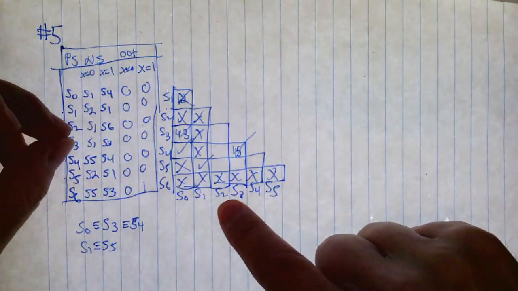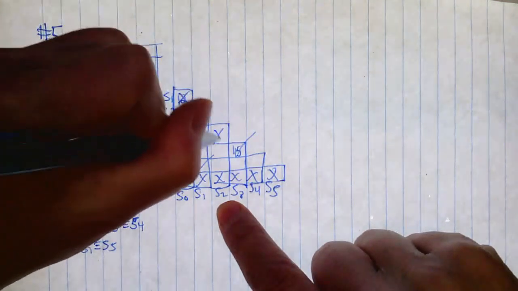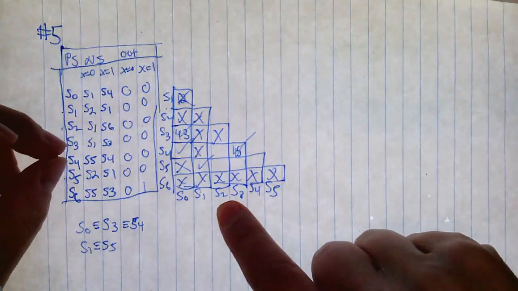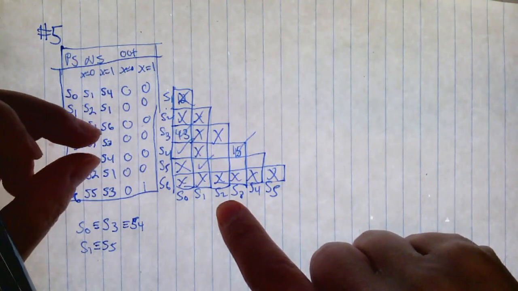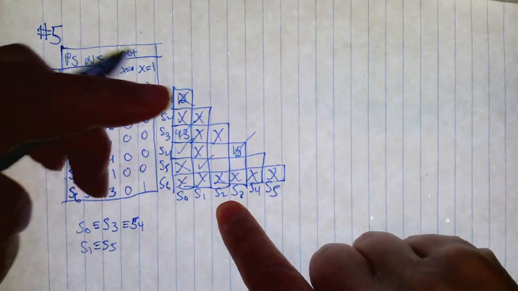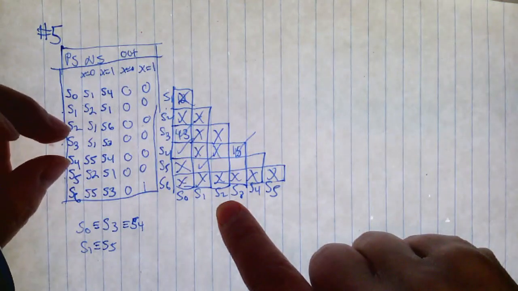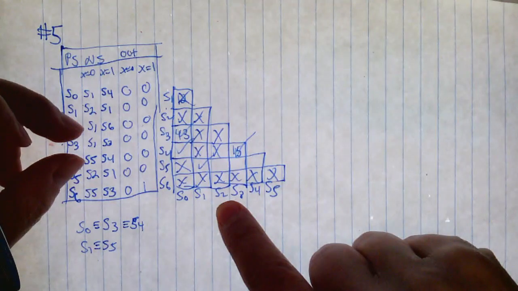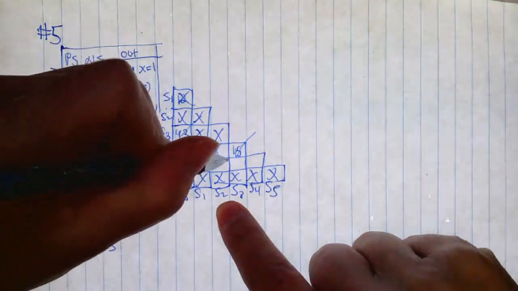S2 equals S3 if S1 equals S1, and if S3 equals S6. It does not. S2 equals S4 if S1 equals S5, and it does, and if S4 equals S6, it doesn't. S2 is equal to S5 if S1 equals S5, and it does, and if S4 equals S6, it does not.